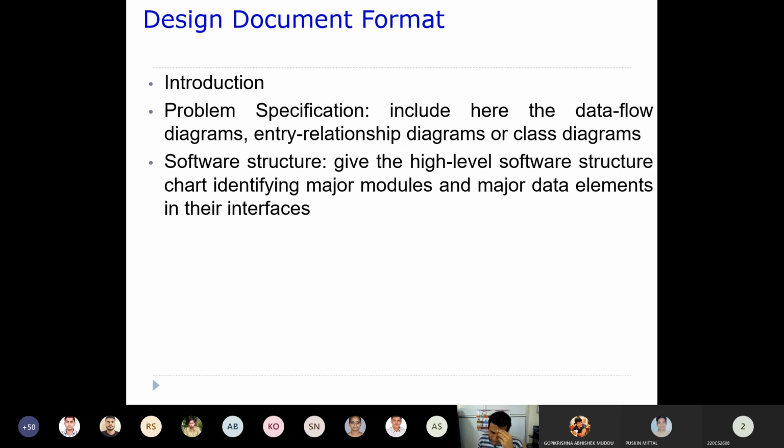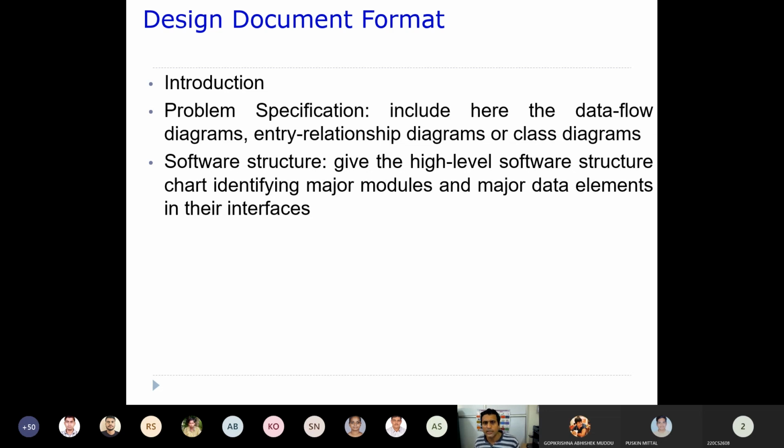As part of the analysis phase, we have seen the software requirement specification document. As part of the feasibility study, you have a feasibility study report, and as part of problem definition, we have seen there is a problem definition document. Similarly, here you have a design document.